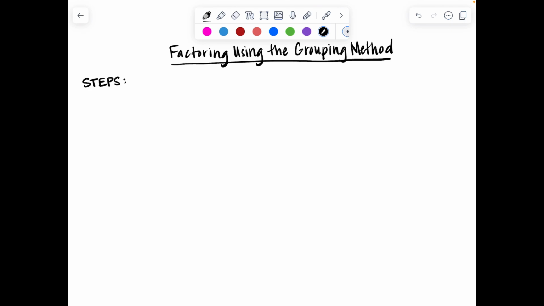So here are the steps you're going to follow. Check for a greatest common factor.